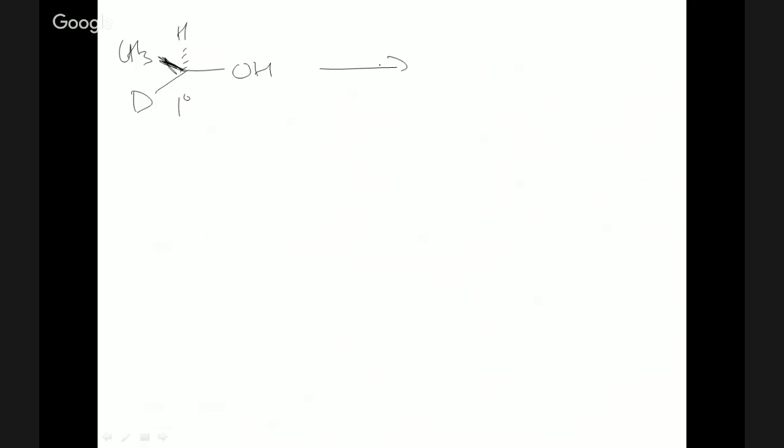You add HBr, and what do you get? You get inversion. Inversion of stereochemistry. Okay? Go through that mechanism. Same thing, you're going to protonate the alcohol and displace the water with Br minus. Okay? SN2 gives inversion.